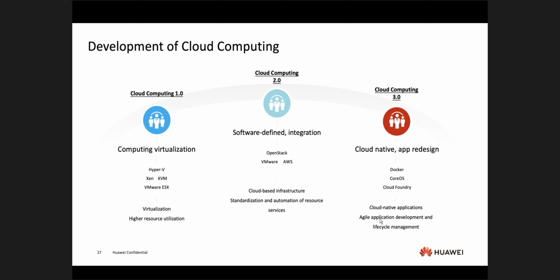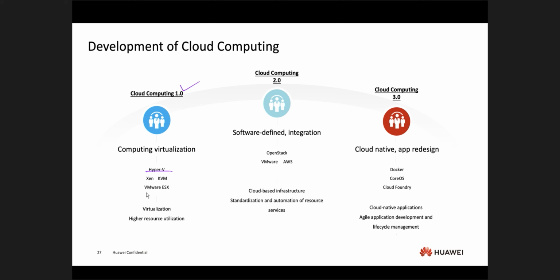Okay, so when we look at the development models, and I mentioned earlier the software as a service and the platform as a service, we then also have cloud computing models, right? And so we currently have Cloud 1.0, which is where everything started. We have Hyper-V. Hyper-V is part of Microsoft. It's how Microsoft runs their virtualization software. You have Xen and KVM, which I mentioned earlier, the kernel virtual machine.